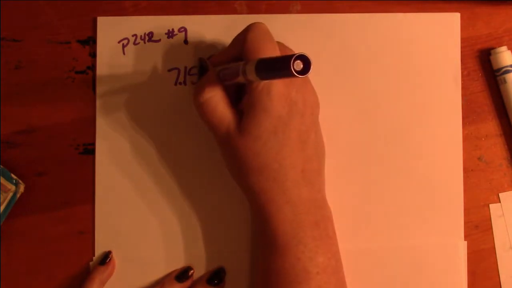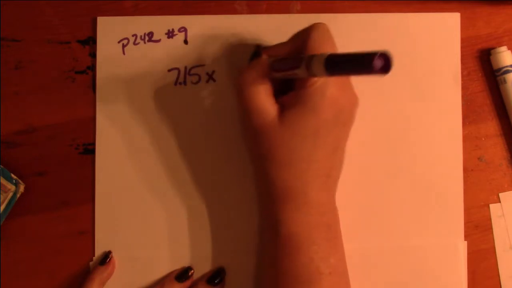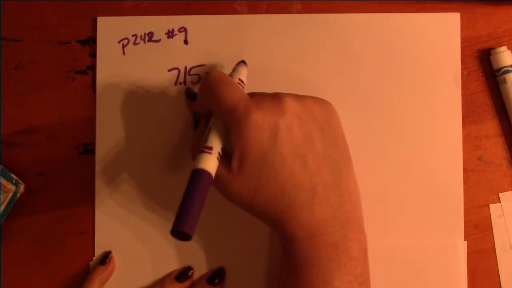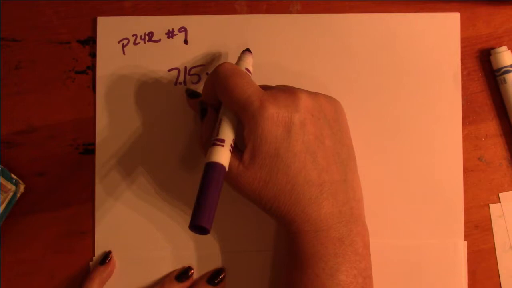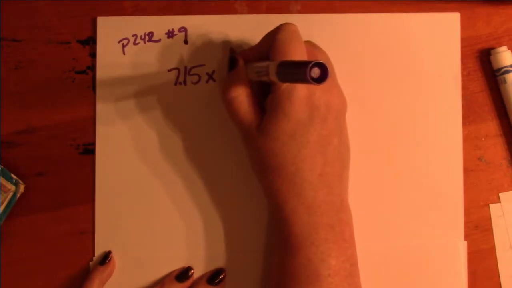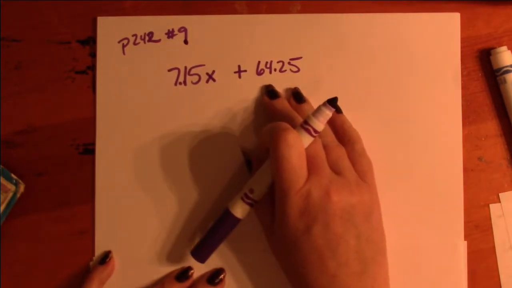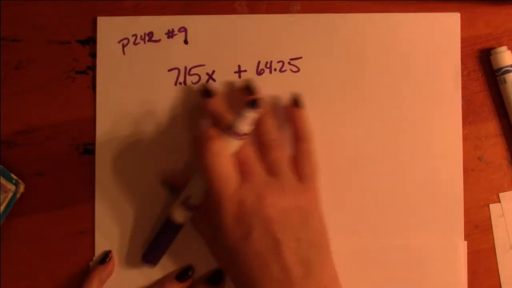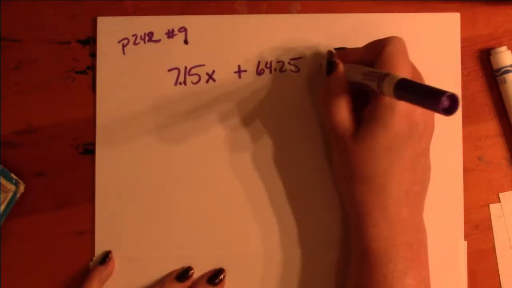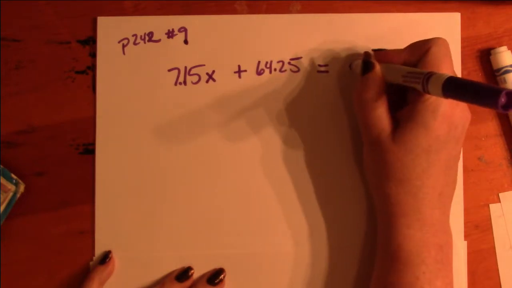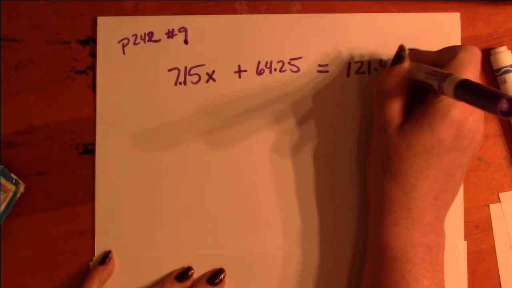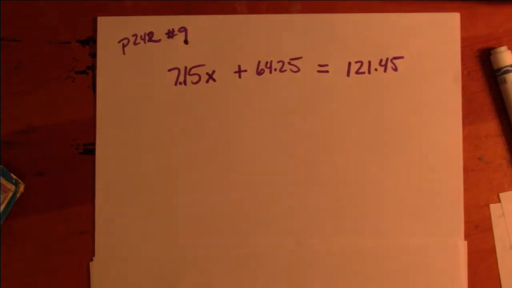So each week, we don't know how many weeks, so that's going to be our x. Each week she puts in $7.15. She right now has $64.25 in, so we're going to add that in to every week. And we have to figure out how long it's going to take before she has $121.45. And we have to do this without decimals.